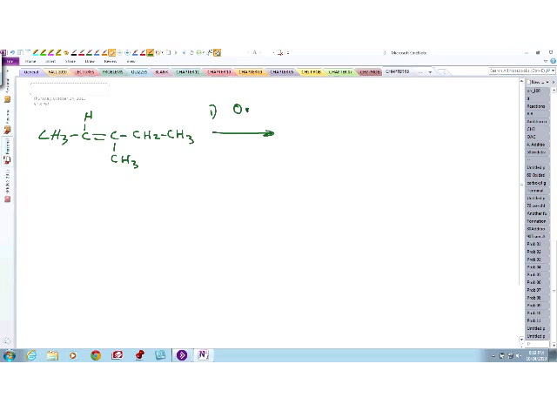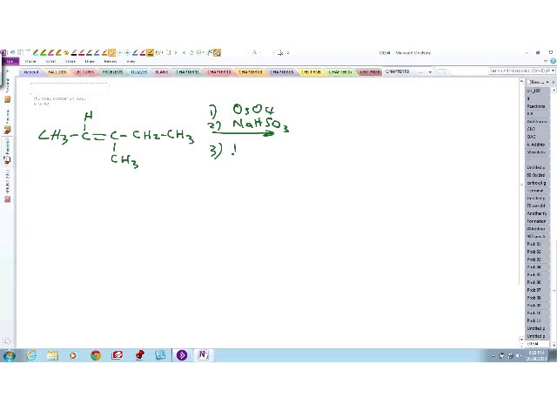Step 1, osmium tetroxide. Step 2, sodium hydrogen sulfide. What will this reagent do to this starting material? It will add two OHs across the carbon-carbon double bond.